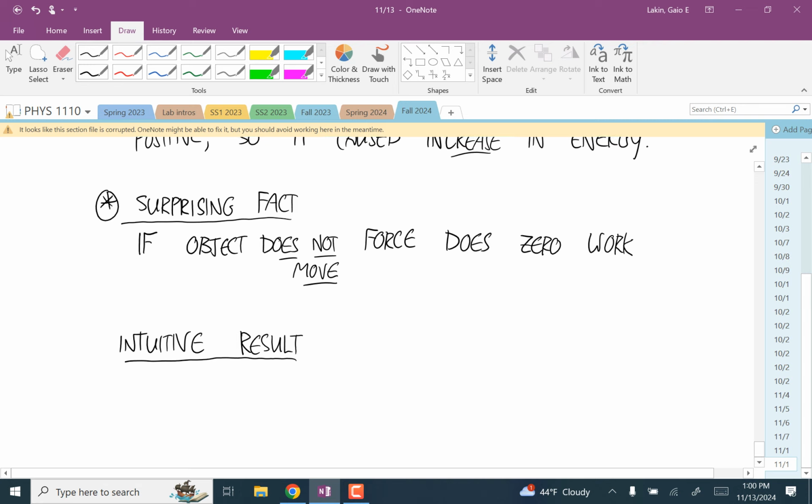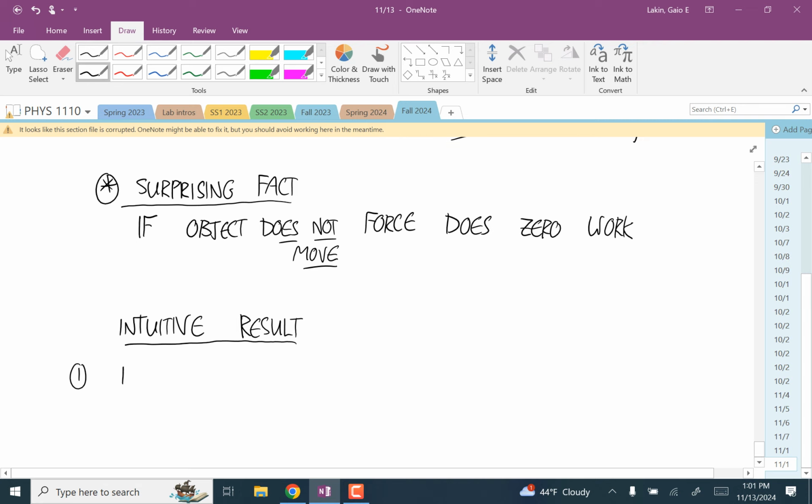So first, if the force vector and the velocity vector, okay, we were talking about displacement, but now let's think about the velocity as just instantaneously the direction the thing is moving.